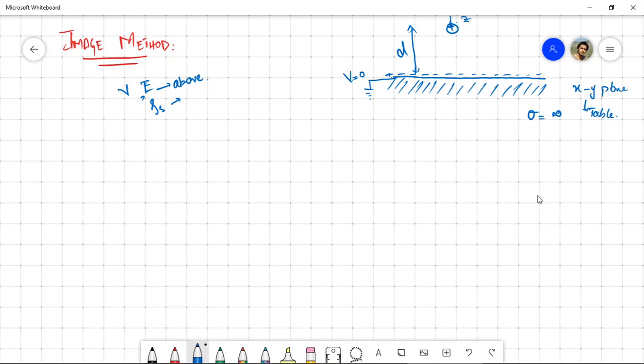We know that whenever we place a charge in the vicinity of any conductor, that charge will induce some kind of charge density on the surface of that conductor, because it has to maintain zero electric field inside it. So we need to calculate the value of rho s on that plate too. Now, what are the methods that we had if we want to calculate the value of E above the conducting surface?